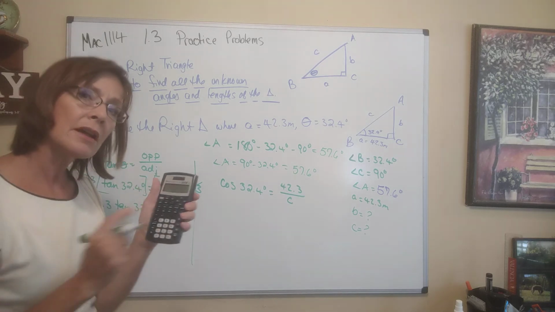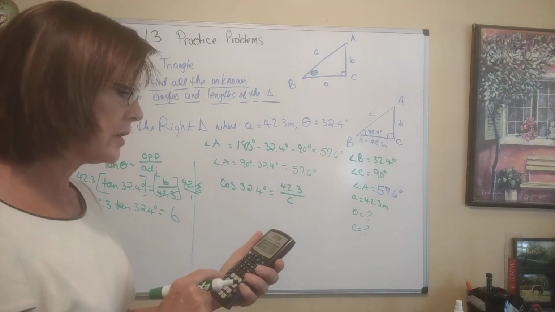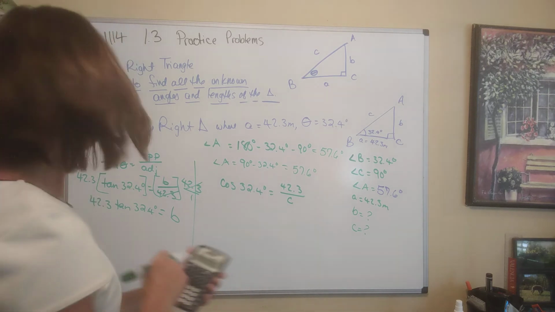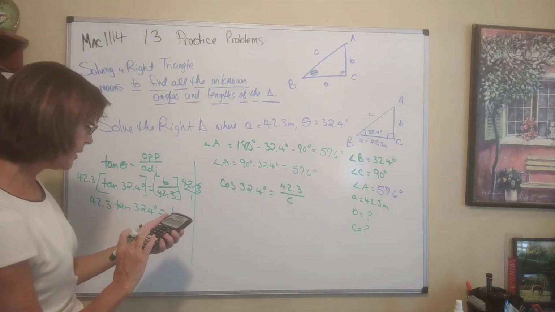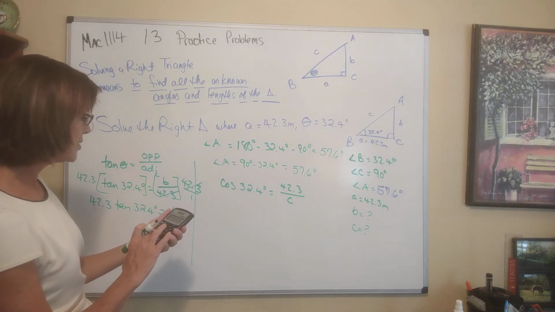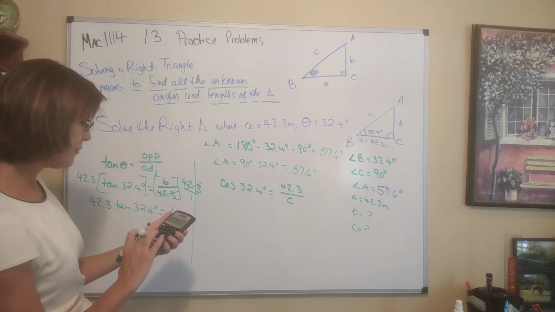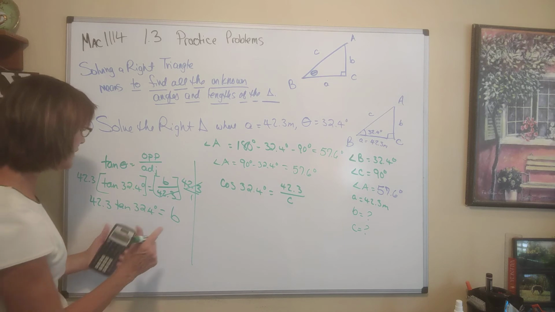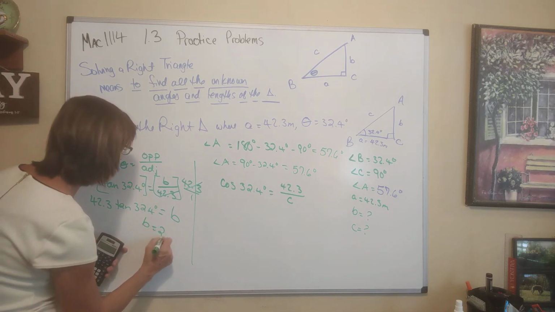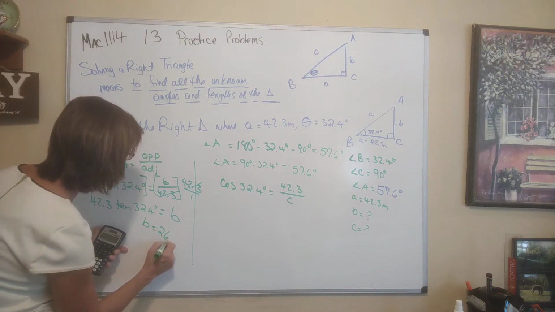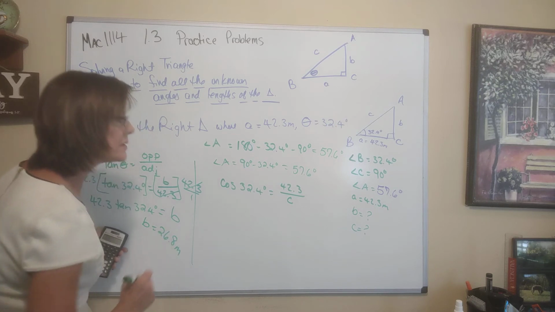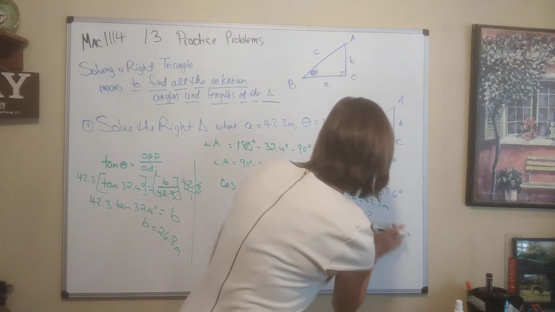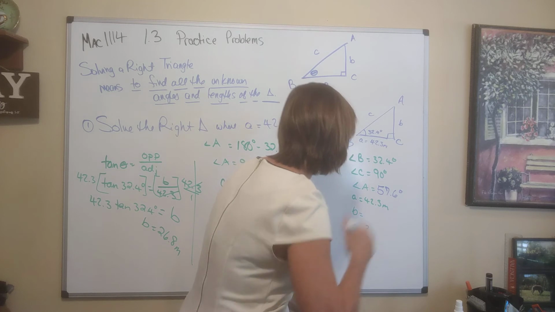In my calculator, I make sure I'm in degree mode. When I turn it on, I see, yeah, I'm in degree mode. So I'm just going to say 42.3 times the tangent of 32.4 and hit enter. And I get 26.8. B is 26.8, and that's in meters, it's a length.